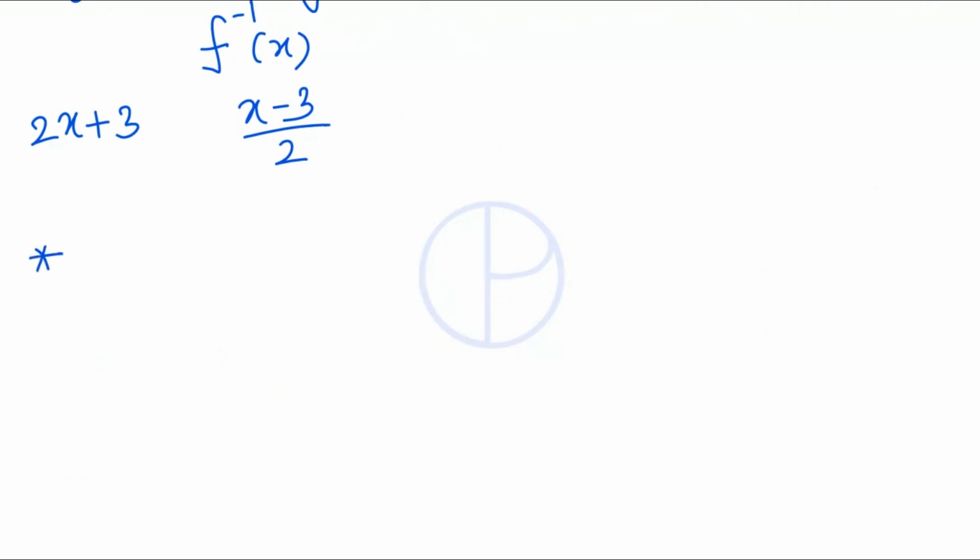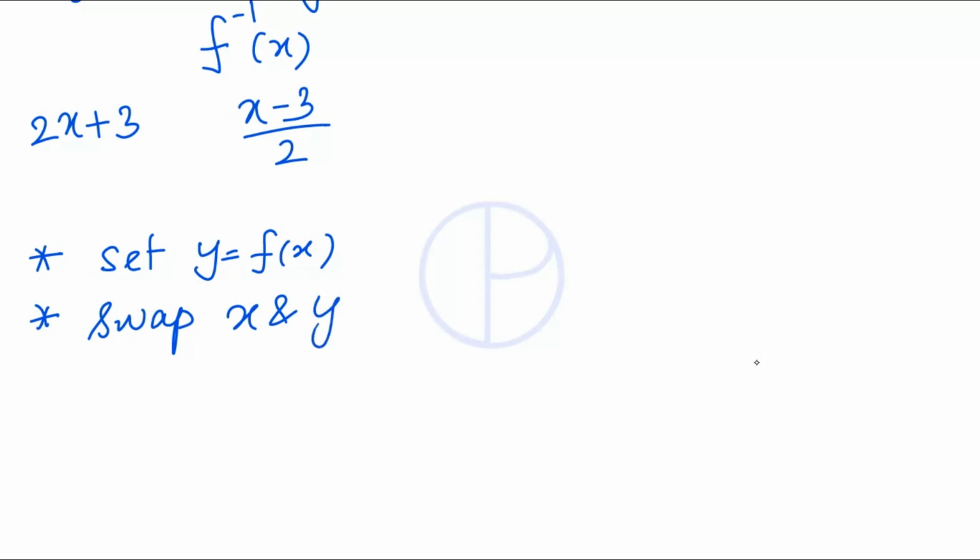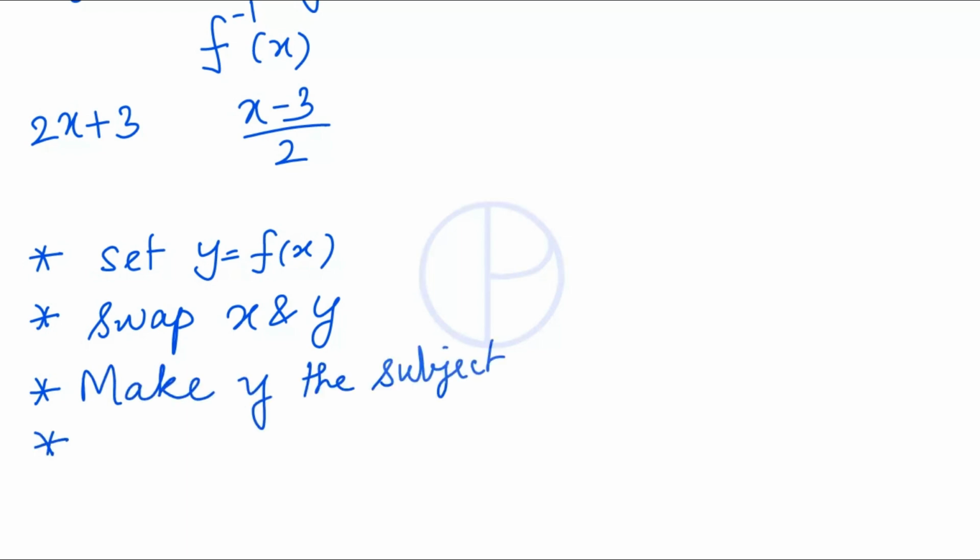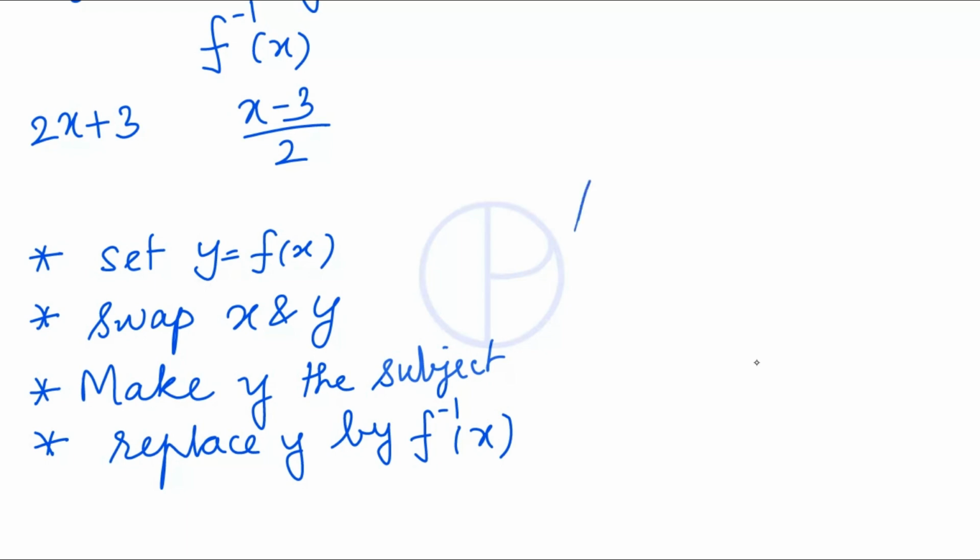The steps are, first set y equal to f of x, then swap x and y values, then make y the subject, then replace y by f inverse of x.